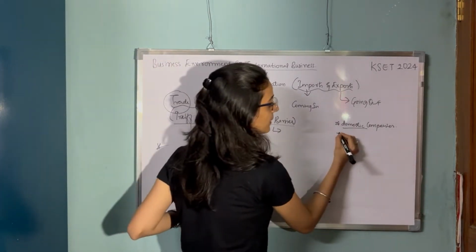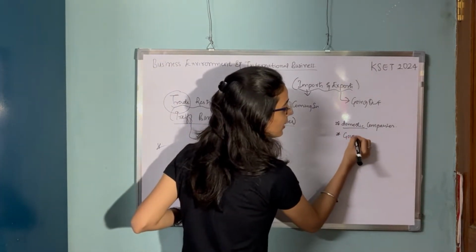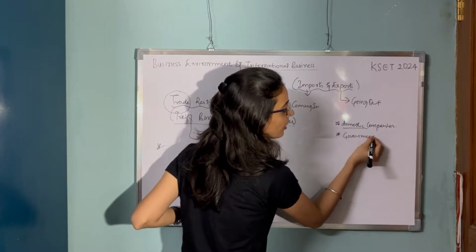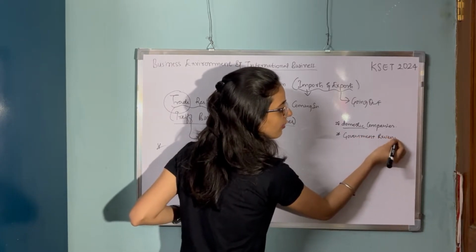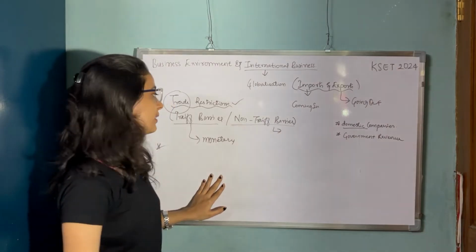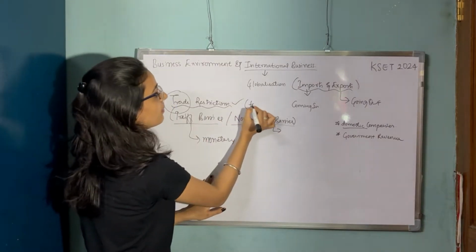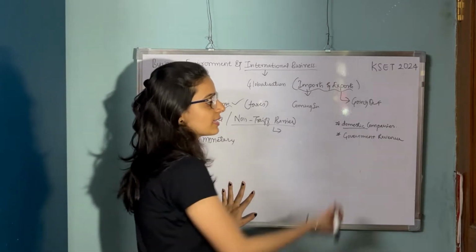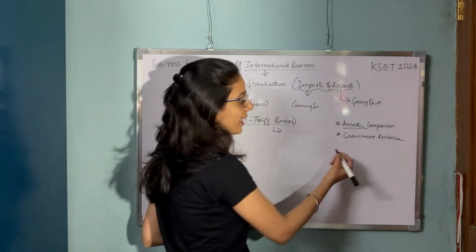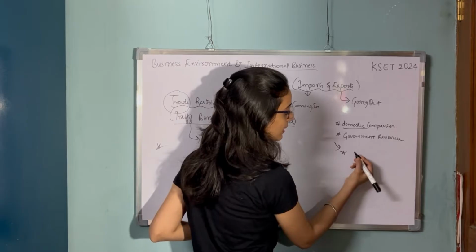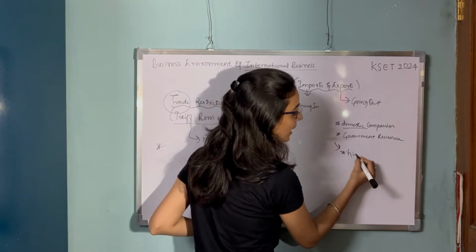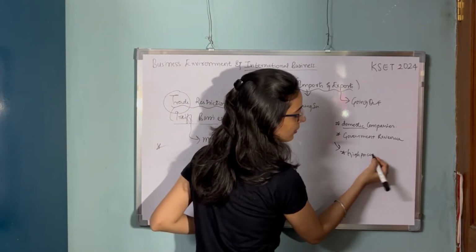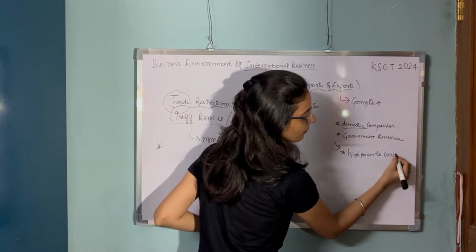So domestic companies, again, it can be a government revenue too, a revenue for government, right? Taxes on import of goods and services, in simple terms, is a government revenue, whereas these imports may ultimately lead to high prices to consumers.